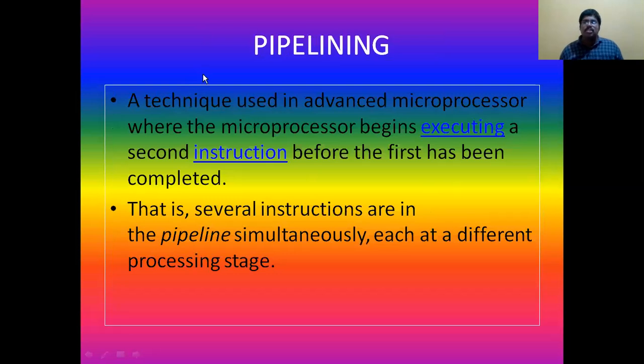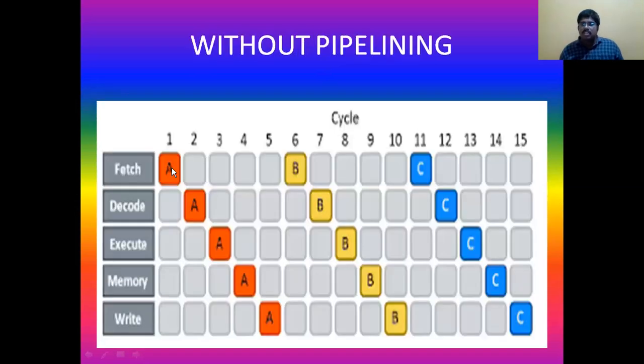Pipelining means executing multiple instructions, a technique where a computer begins executing a second instruction before the first instruction has been completed. That means several instructions are in the pipeline simultaneously, each at a different processing stage. If there are 5 stages, one instruction will be in the fetching stage, and the second instruction will be in the decoding stage.